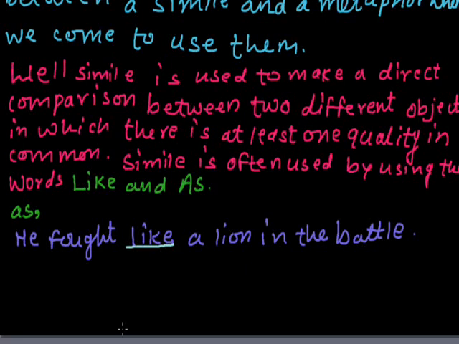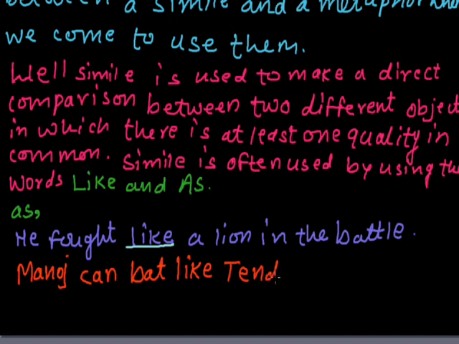Okay, let's see some more examples. Manoj can bat like Tendulkar. Here again we have compared Manoj and Tendulkar with the help of the word like. So this is also an example of simile.